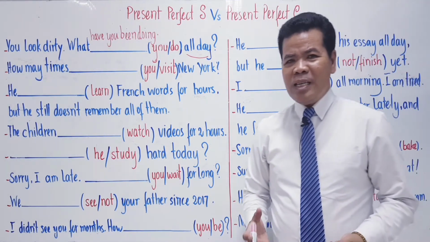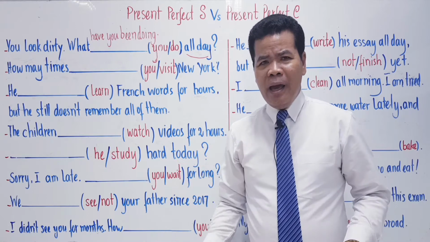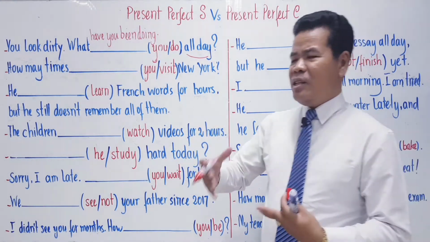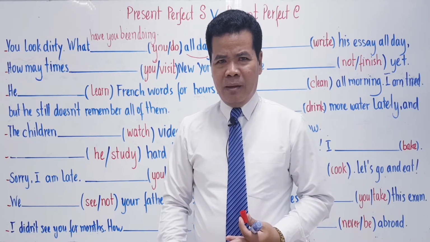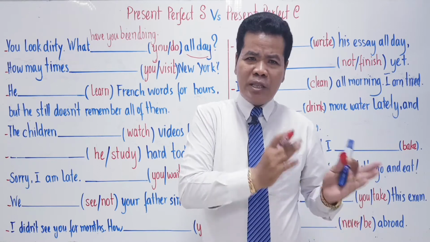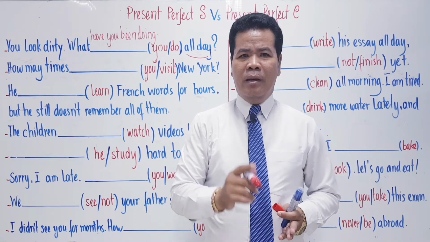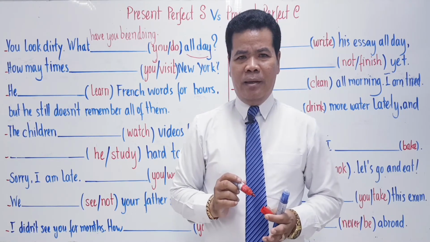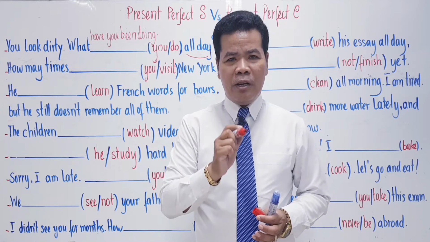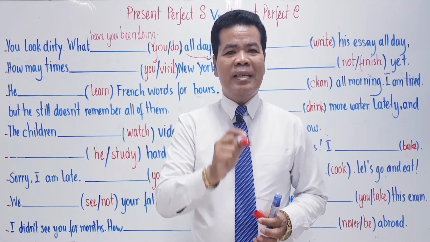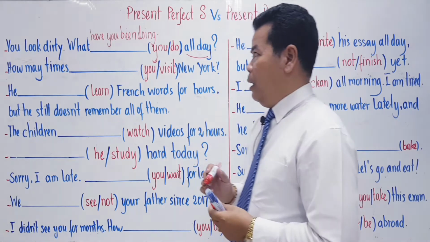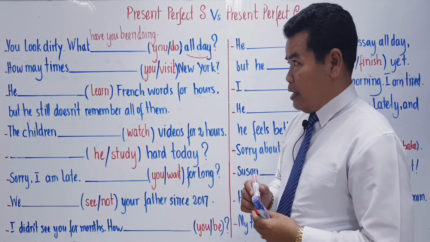I mean, the action that you did started in the past, and right now it stopped recently with the result in the present. You are dirty, right? So, present perfect progressive is used in this exercise. The right one.